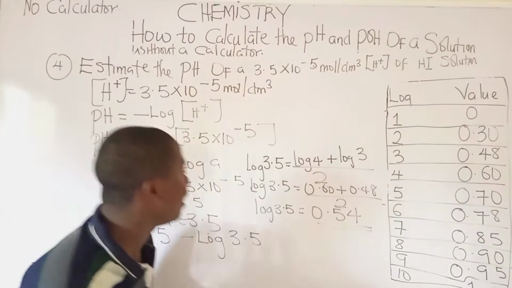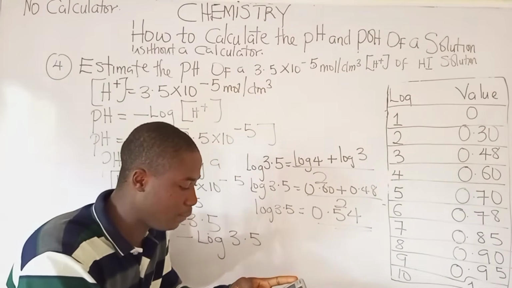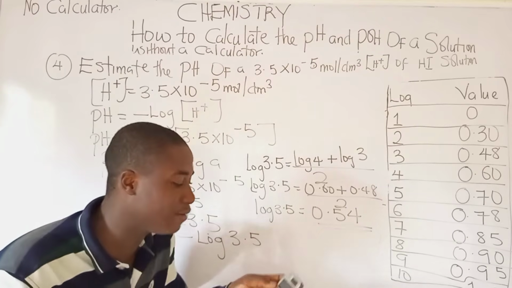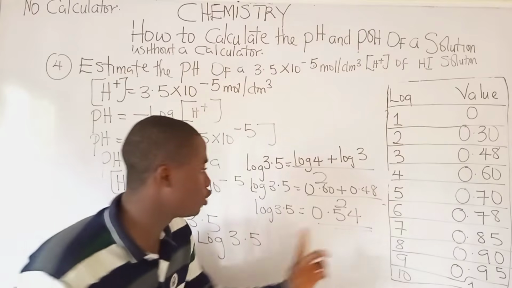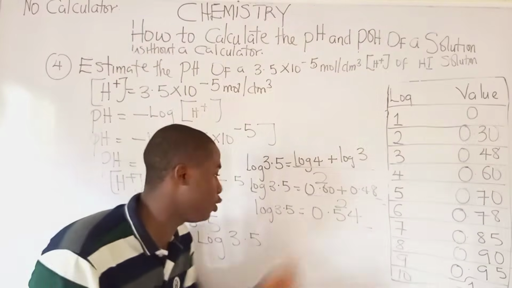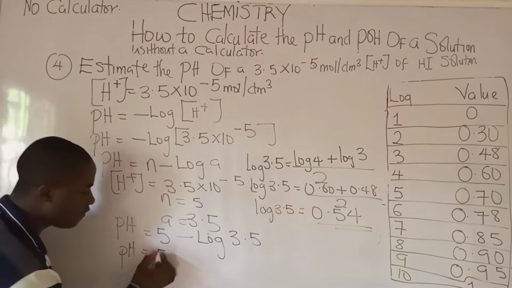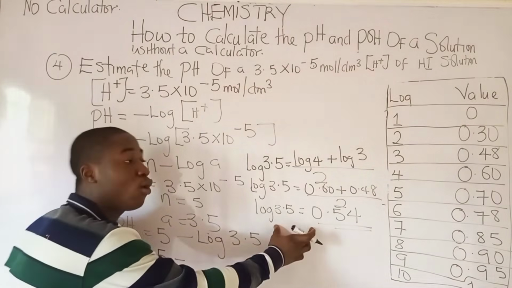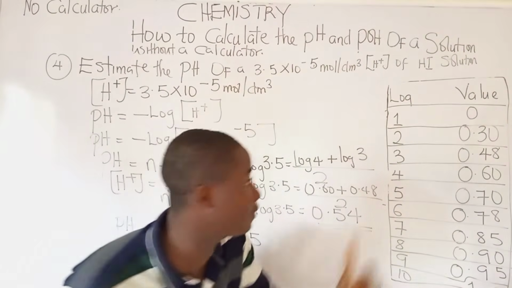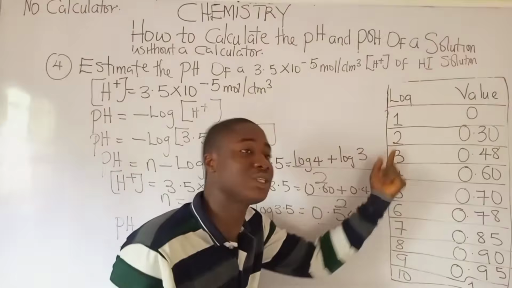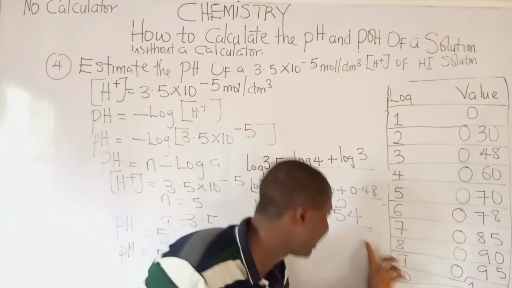But when we actually press log 3.5 in the calculator, we get 0.544, so you can see they are in the same range. So this is the log 3.5 we'll be using. So definitely the pH becomes 5 minus log 3.5. You can see how we got log 3.5, because 3.5 is in between 3 and 4, so we take the average of these values, divide by 2 and get the value.